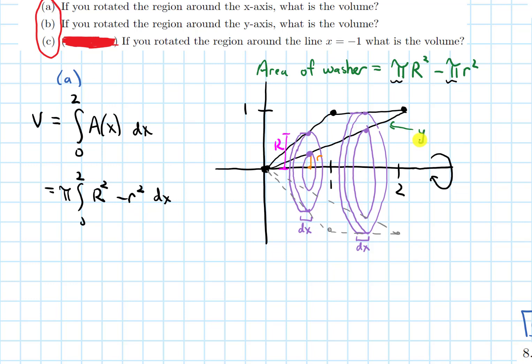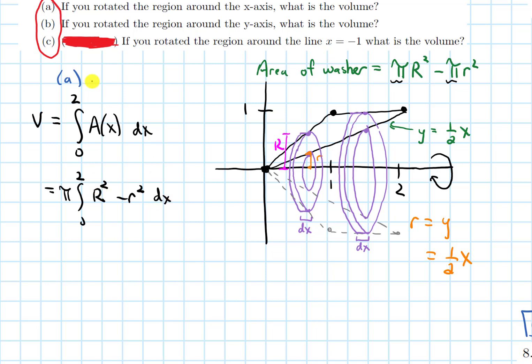By the way, if we work this out, this would be y equals 1/2 x. And little r just depends on, well, what is the y coordinate at this point? What is that y value? Okay, I'm going to go ahead and substitute in what y is, which is 1/2 x, because I need to get this thing in terms of x, because I have a dx integral.